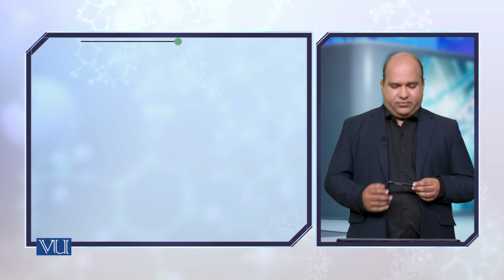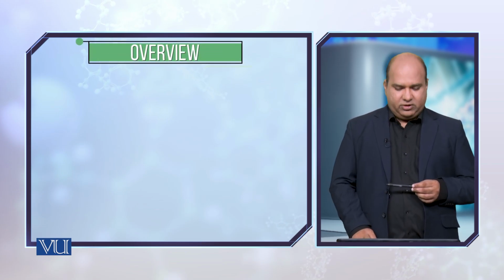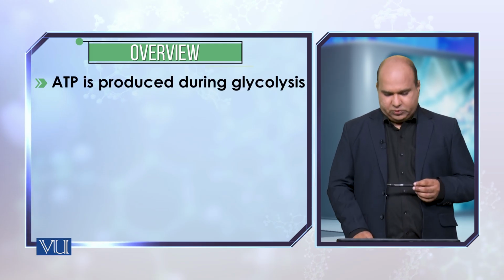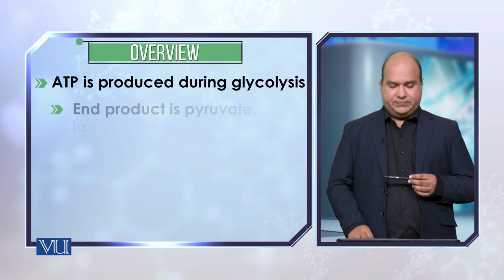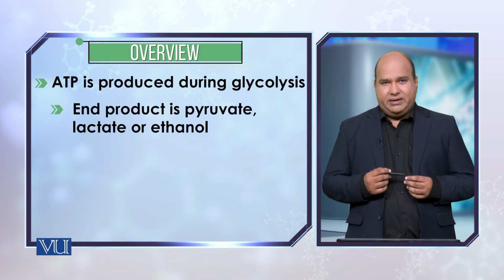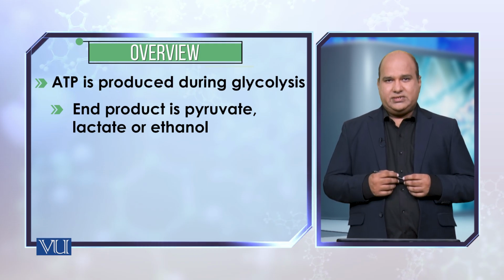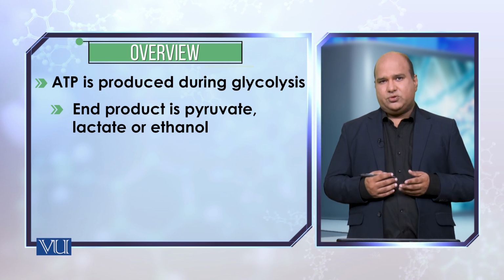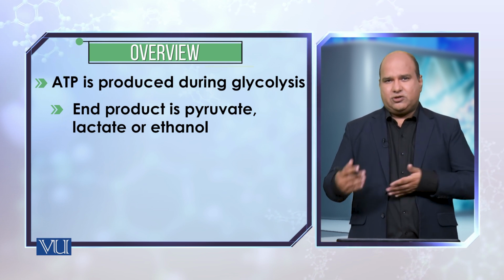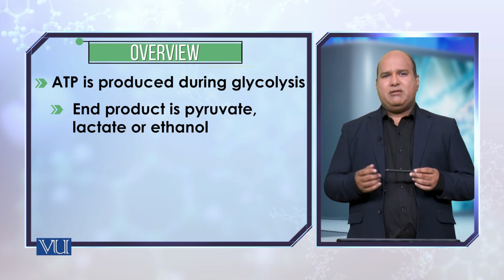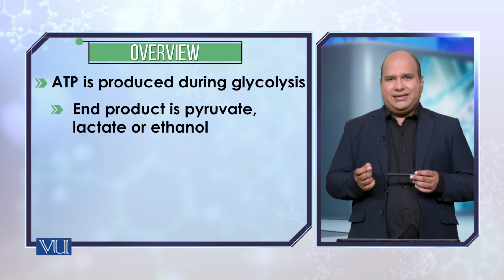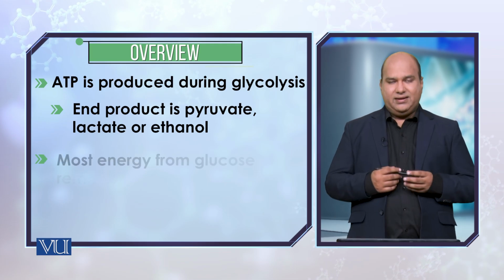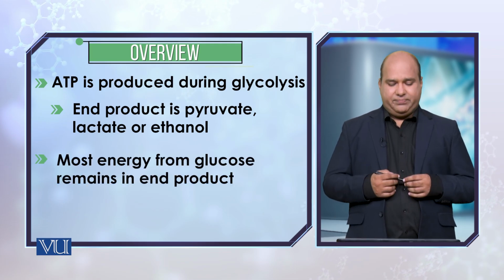So, in case of glycolysis, of course, ATP is produced during the process of glycolysis. The end product of glycolysis is pyruvate, or it can be lactate also, or ethanol, depending upon what sort of glycolysis is taking place. But at the end of the day, keep in mind that these end products contain energy in them.